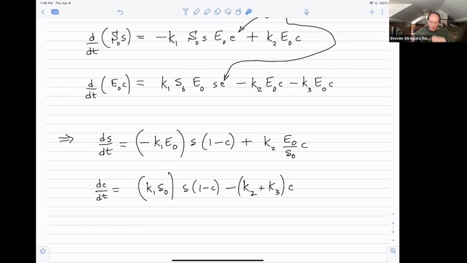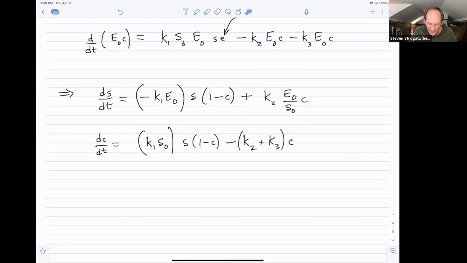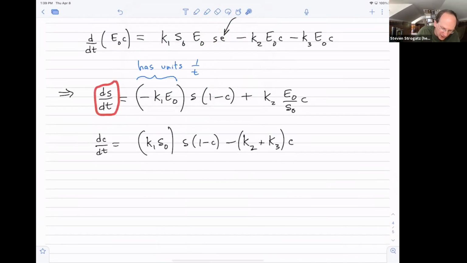Okay, so now you can look at some units here. The S and the C are dimensionless, so you can read off that this has units of 1 over time, because this side is a dimensionless numerator and time in the denominator. So it suggests a natural time scale for the system. You could either think of 1 over this quantity as a natural time scale or 1 over this quantity.